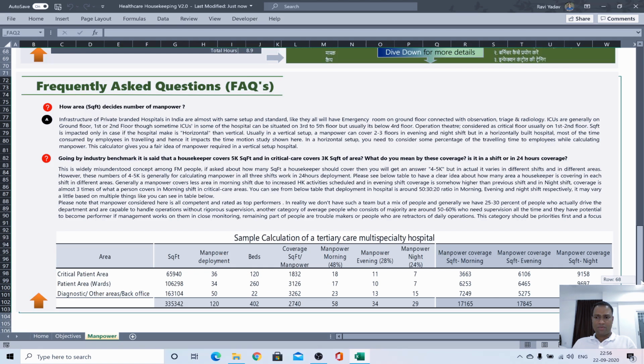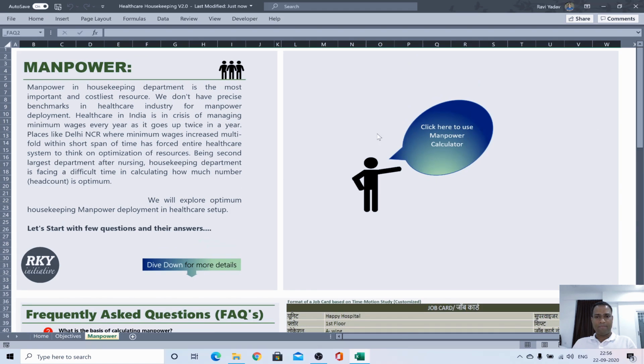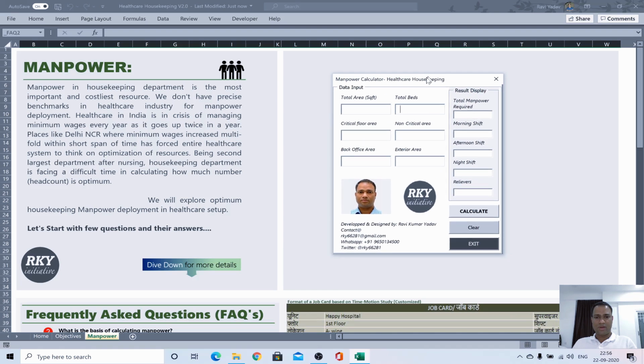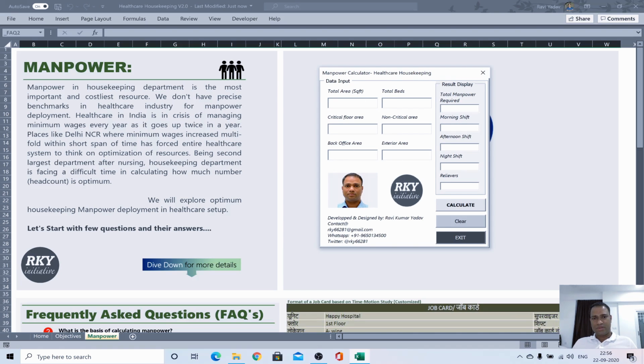Going back to the sheet, here you can use the calculator. If you click here, you get this tool created in VBA. This is the total square feet area. If you know the total square feet area, you can enter it, and when you calculate, you will get the total manpower required in the morning, evening and night shifts, with relievers.